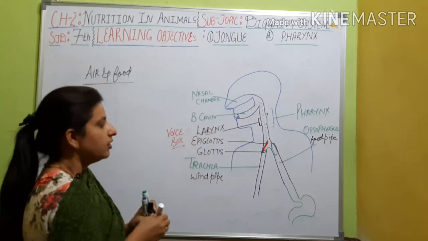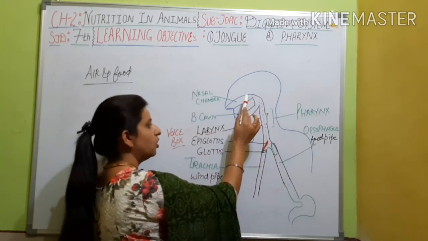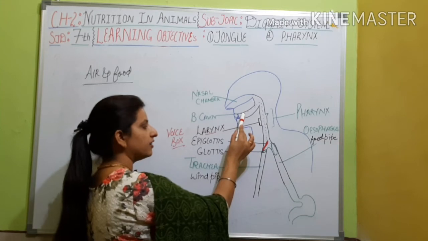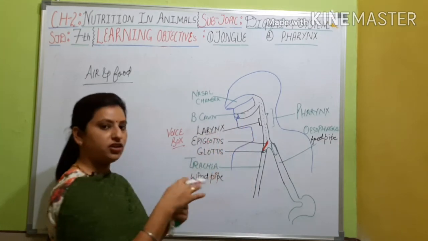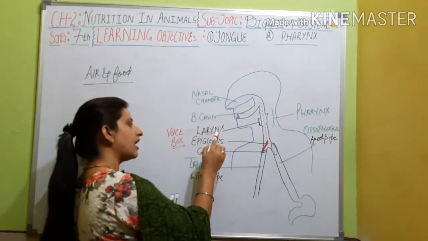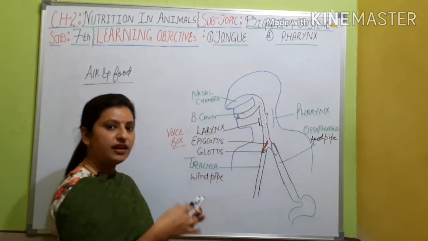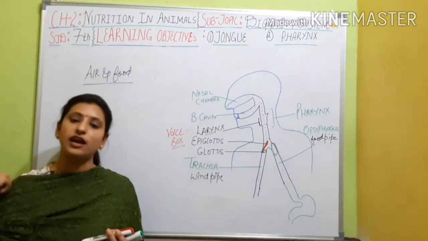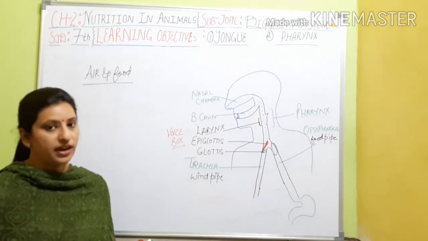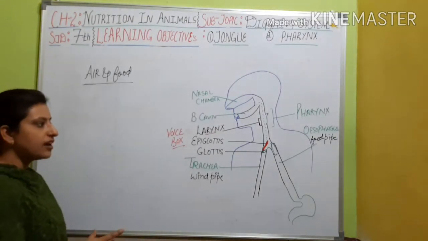So the pharynx has three parts: nasopharynx, oropharynx and laryngopharynx. It is not tough to learn. The larynx part is the laryngopharynx, the nasal part is the nasopharynx, and the buccal cavity is also called the oral cavity, so it is the oropharynx.